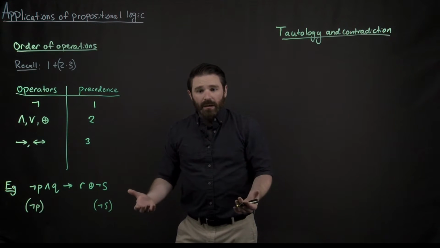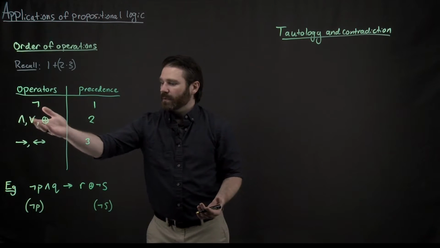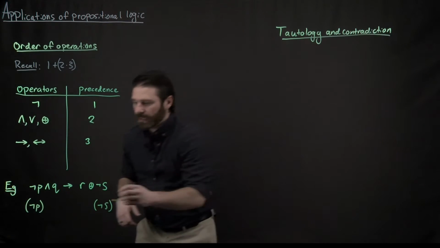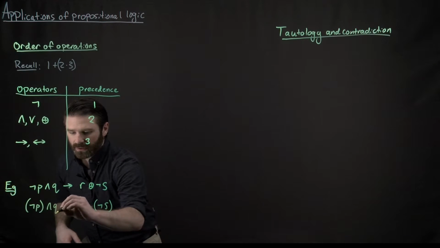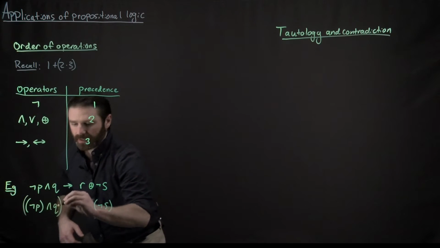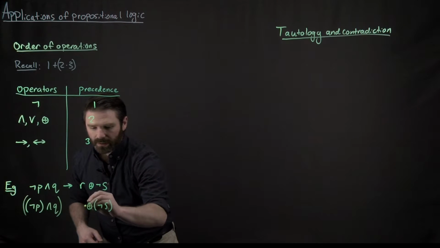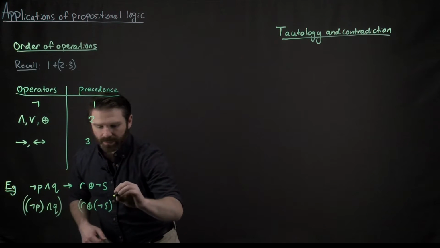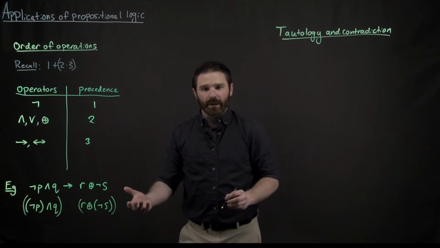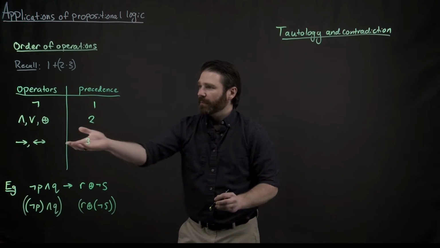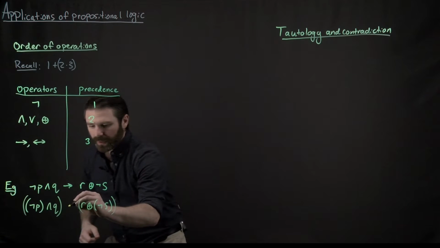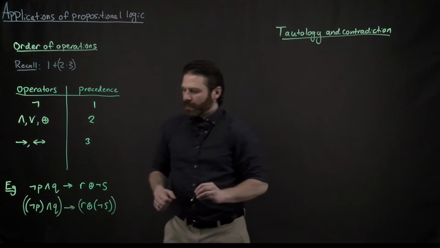And after that comes the ands, ors, and XORs. So we would have the P and Q right here, and that would be evaluated next. And we have this XOR right here and an R, and that would be evaluated next right here. And on the lowest of the precedence table right here, we have our implication.